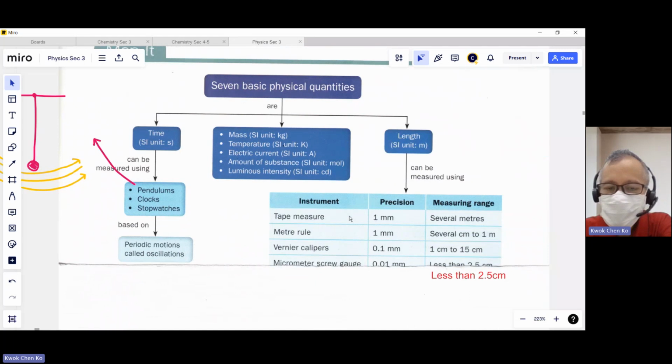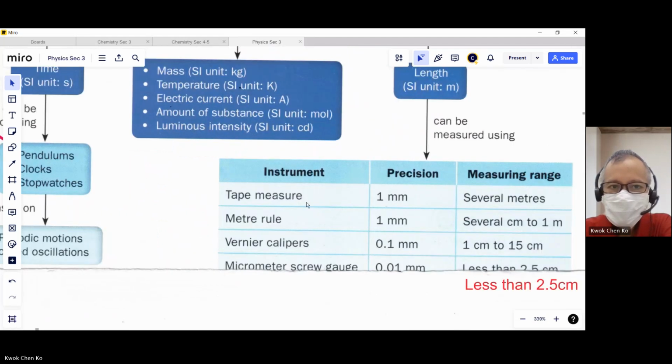Now here we just quickly mention how to measure the length, and you need to know these few apparatus. Tape measure. Well, I can't show you exactly what it is, but basically it's a tape, and there are markings on the tape, and it typically stretches for a few meters.